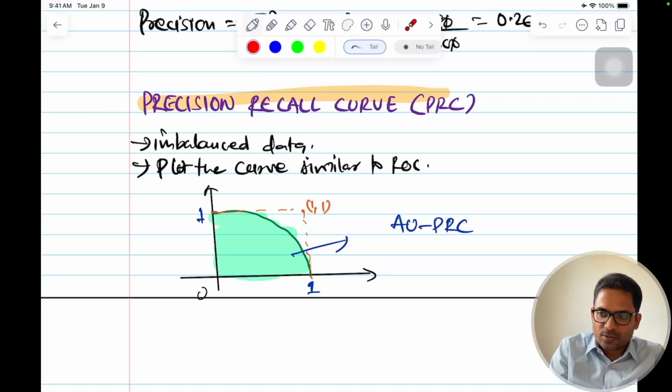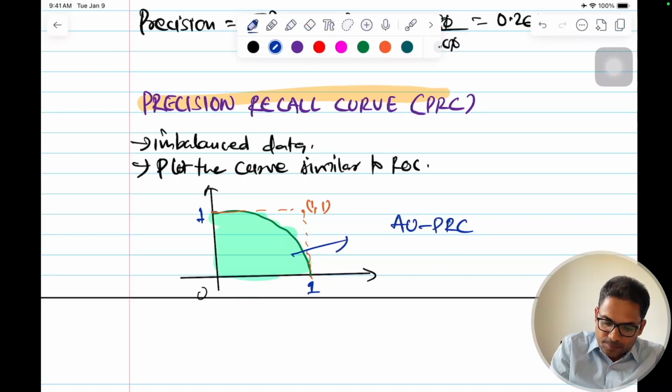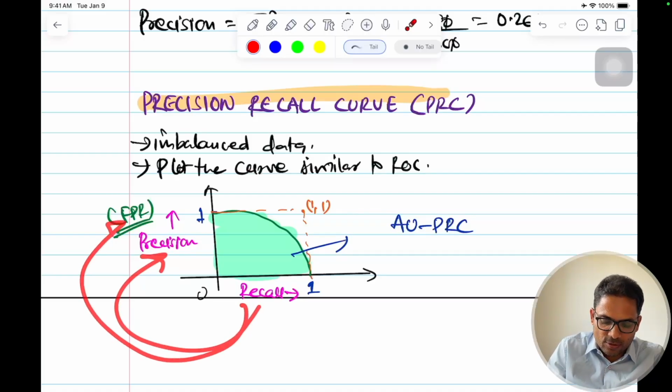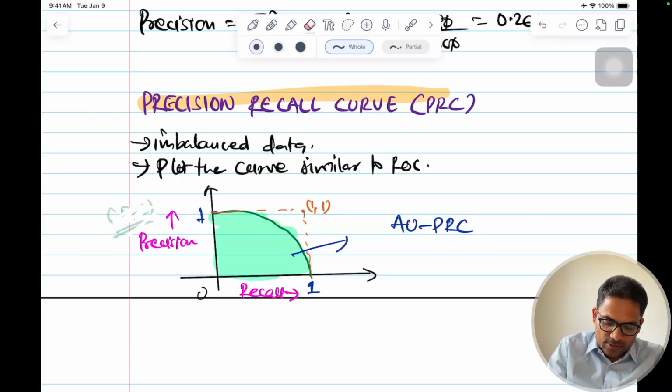And here we have recall on the x-axis and precision on the y-axis. So this same precision was also called false positive rate in the ROC. So this remains the same, and the recall was the false positive rate, sorry. So that has been swapped, and that's why the curve structure also changes.